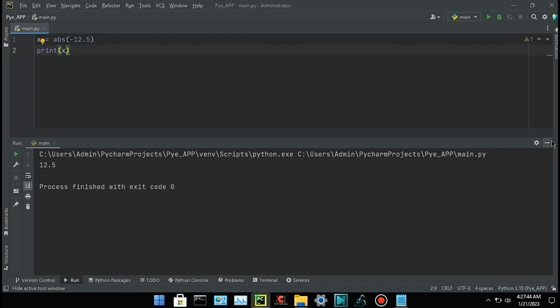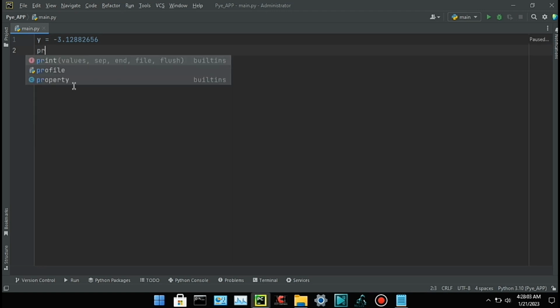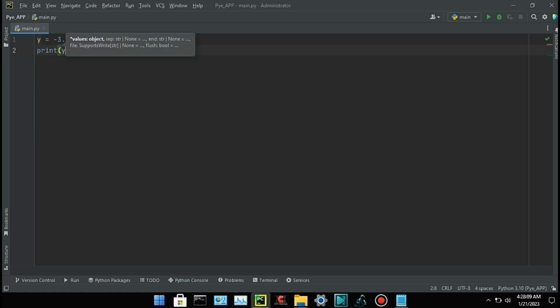Let's look at another example. I will say that my y should be equal to minus 3.1, and then I will say print, and then y.